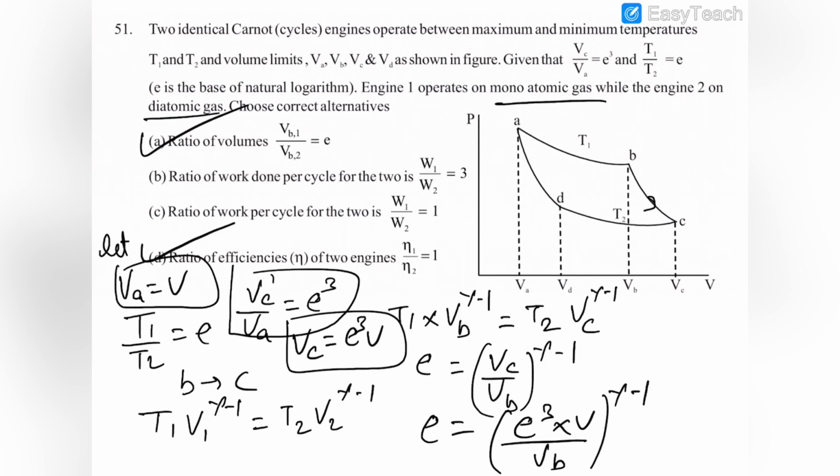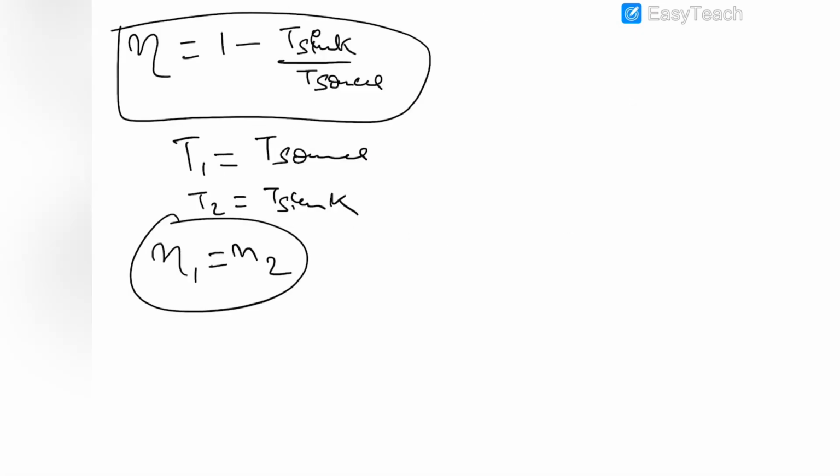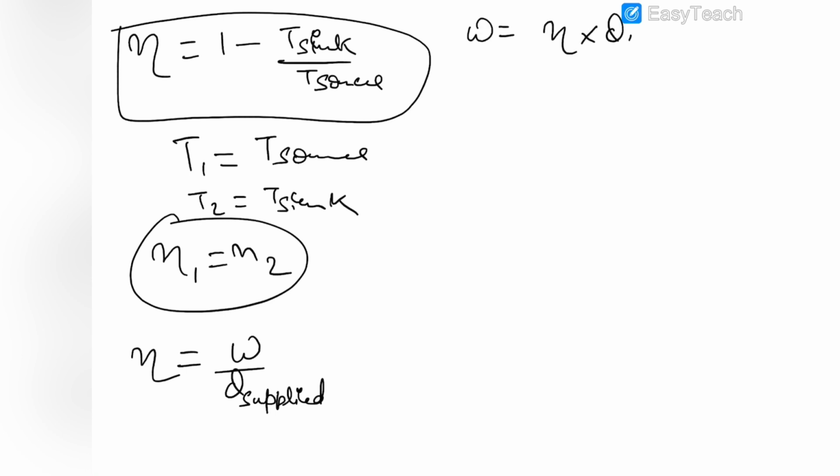Now we have to find out the work done. You can easily find it using the trick that eta is equal to work done upon heat supplied. Since eta is the same, work done will be eta into Q supplied.